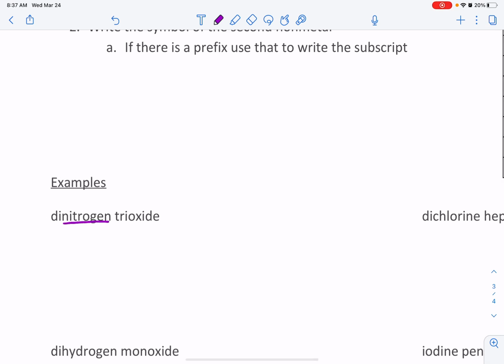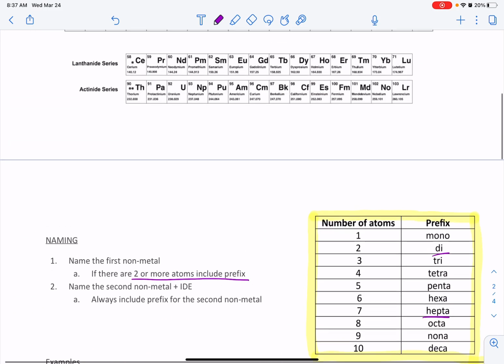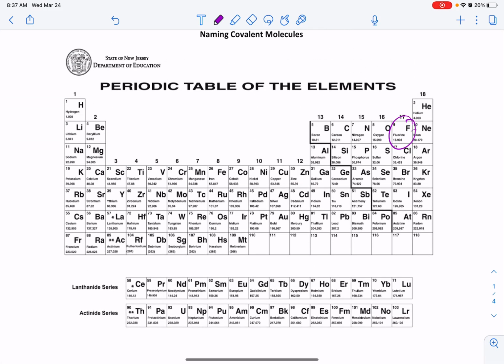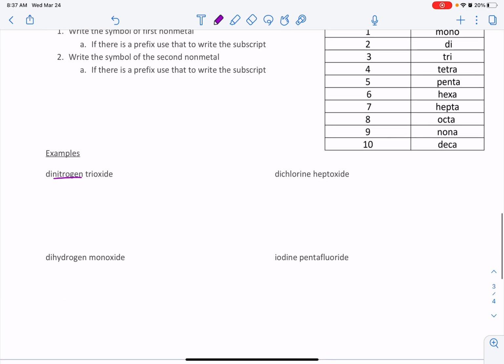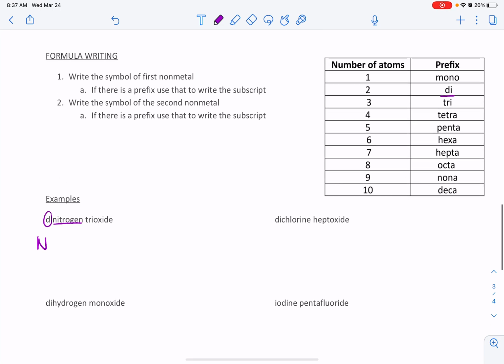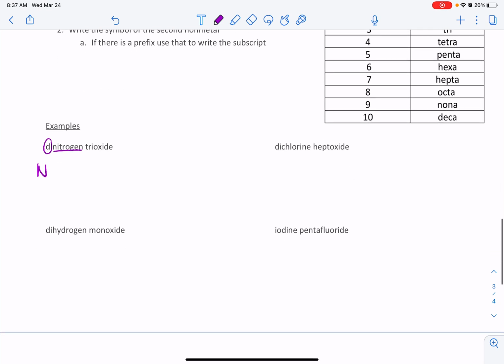So here I see nitrogen. If I'm not sure what the symbol for nitrogen is, I can look at my periodic table, and I see nitrogen is N. So I'm going to put an N here. And now I have this prefix di. So di is 2, so I'm going to put a little 2 underneath.